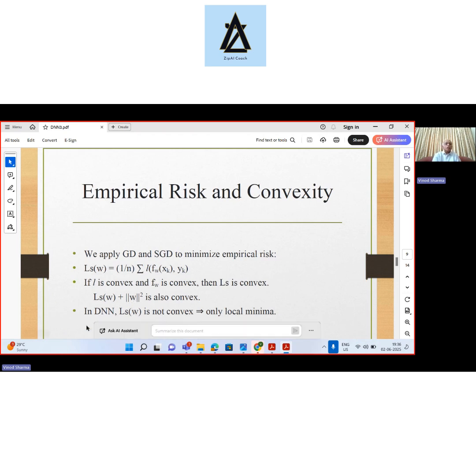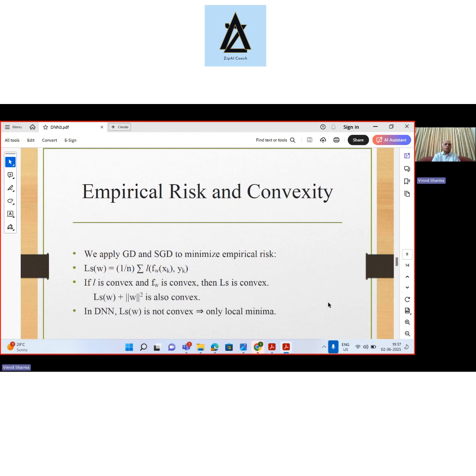But in deep neural networks, f_W(x) is not convex. So even if L is convex, the overall function L_S(W) is not convex, and this is a major problem in training deep neural networks.